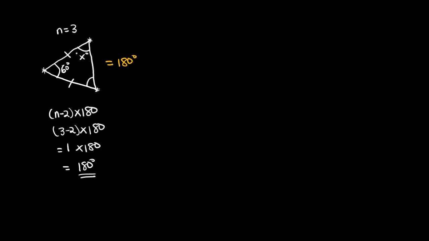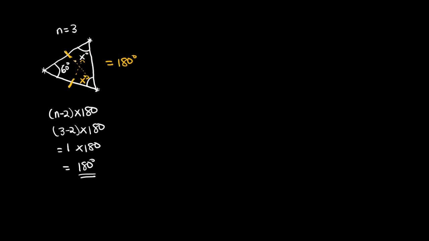Now, when we have a triangle where two lines cross two sides of the triangle, the angles opposite to those lines are the same. This one is pointing towards the x, so those angles are the same. If those angles are the same and here is x, then this side is also x degrees.